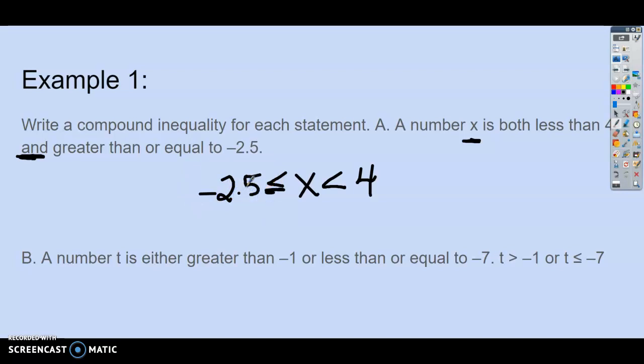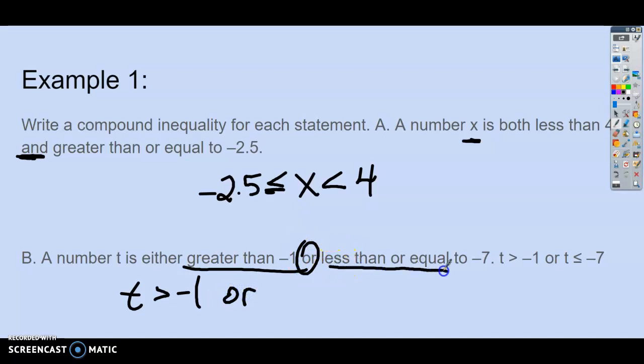Now, B part, a number t is either greater than -1, so t greater than -1, and this or means you have to separate it with an or, less than or equal to, so t is less than or equal to -7.